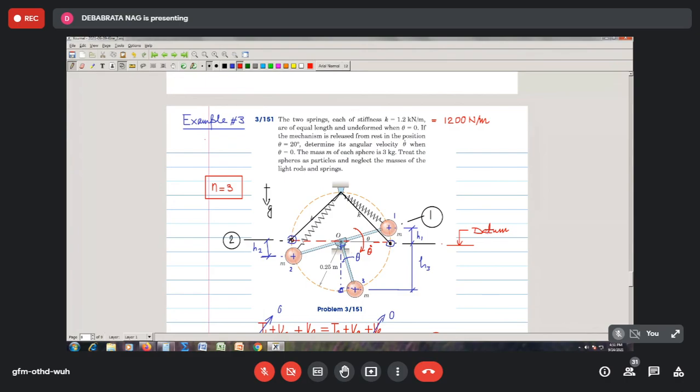Another thing is that, say, for any angle position, calculate the velocity of the three masses or three spheres. From there, calculate the maximum velocity and at what position the velocity of the spheres will be maximum. So all these questions you can by yourself frame and try to answer them at your home.